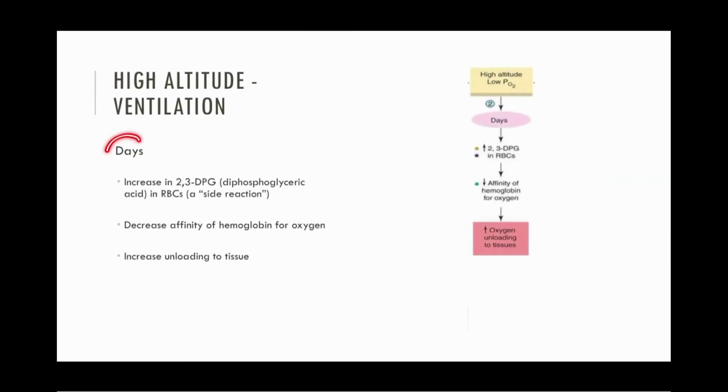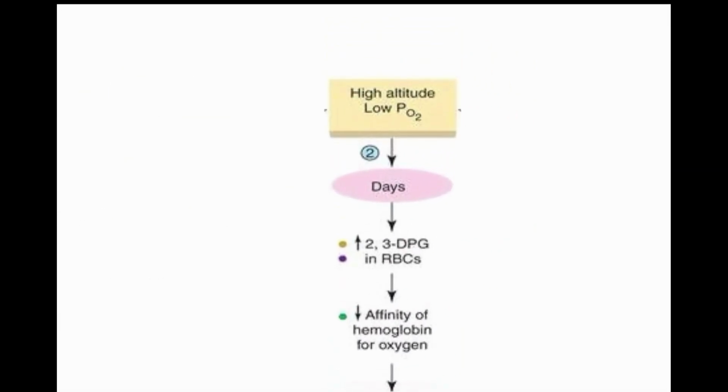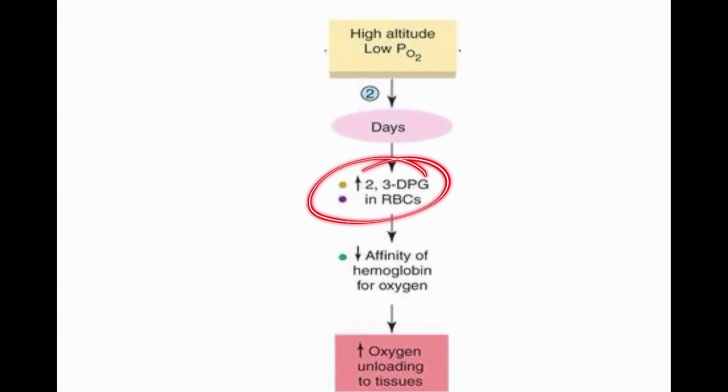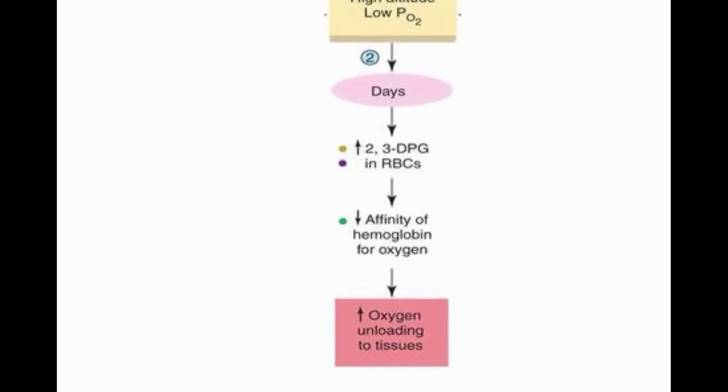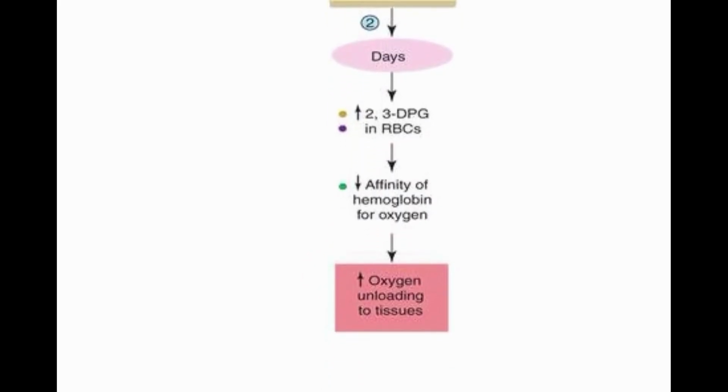Then, after a few days of being at high altitude, we increase our 2,3-DPG in our red blood cells. All you gotta know about that is it decreases the affinity of hemoglobin for oxygen.